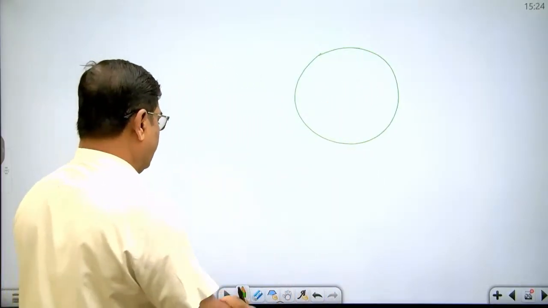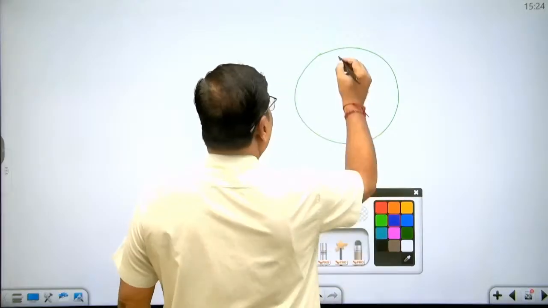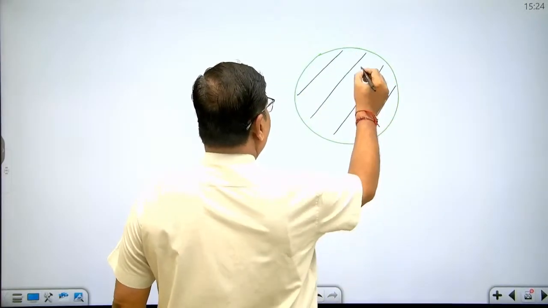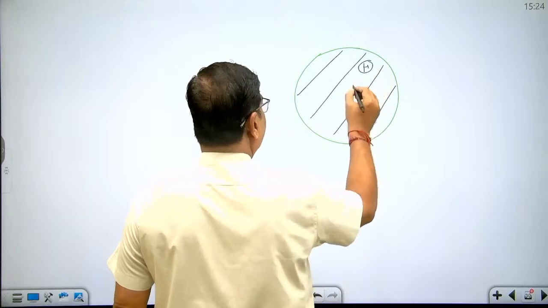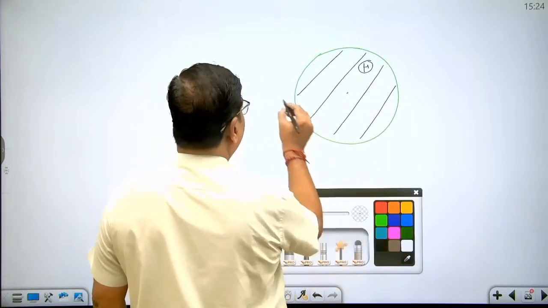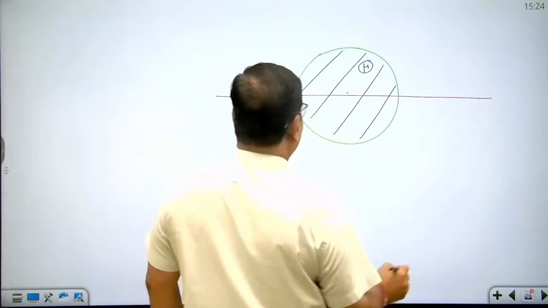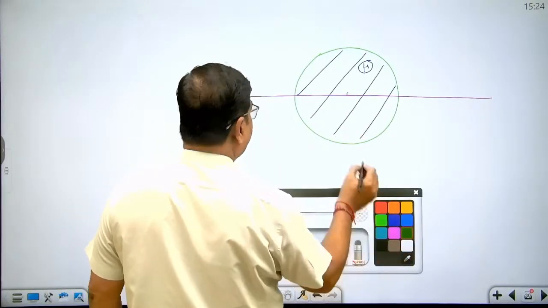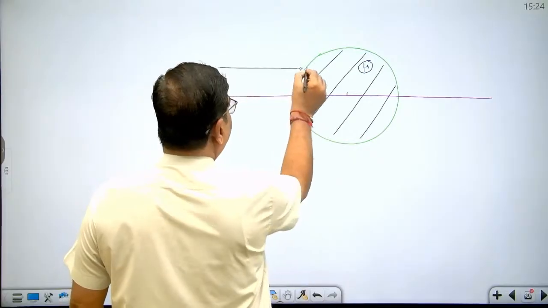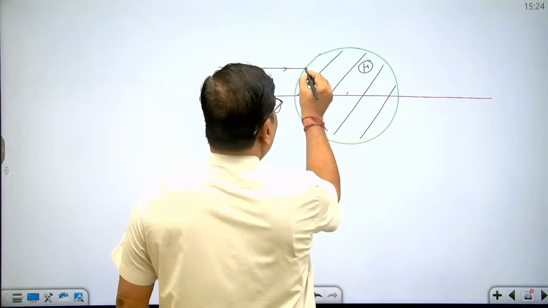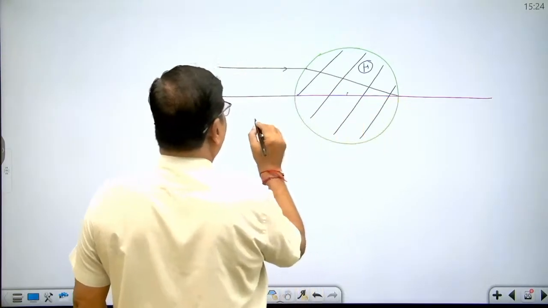This is a transparent sphere made up of material having refractive index mu, and the radius of the sphere is r. Now dear student, a light ray is coming from here and converging here.